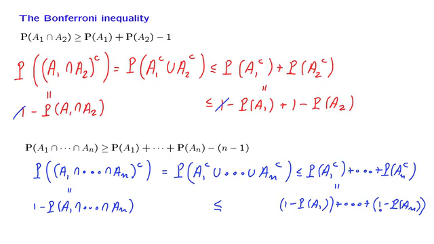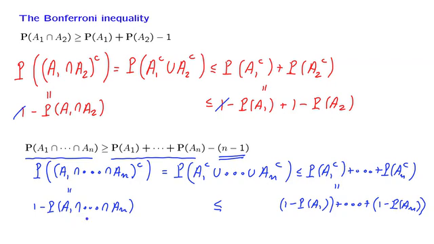There's n of them and 1 here, so we're left with n minus 1 terms that are equal to 1, and this gives rise to this term. We have all the probabilities of the various events that appear with the same sign. This gives rise to this term, and finally this term here will correspond to that term.